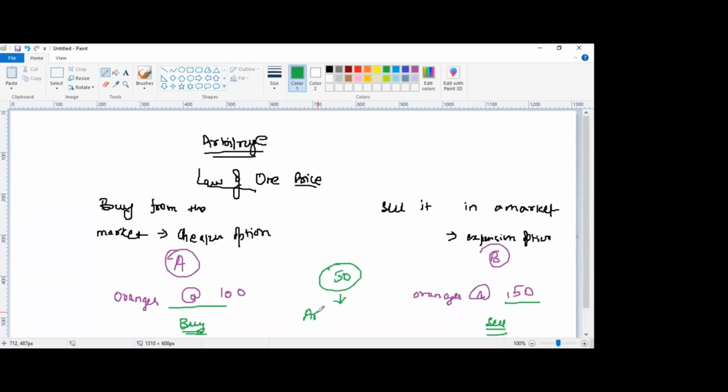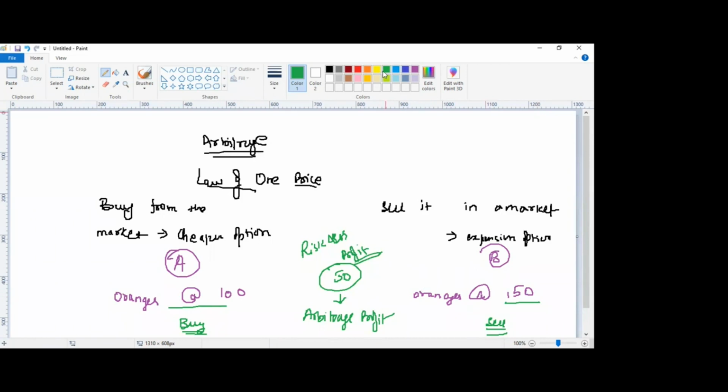This is our arbitrage profit, the profit that we have made out of this deal. We call it riskless profit also. Why? Because we did nothing here, right? There was no risk involved. We just purchased from one market and sold in another market.